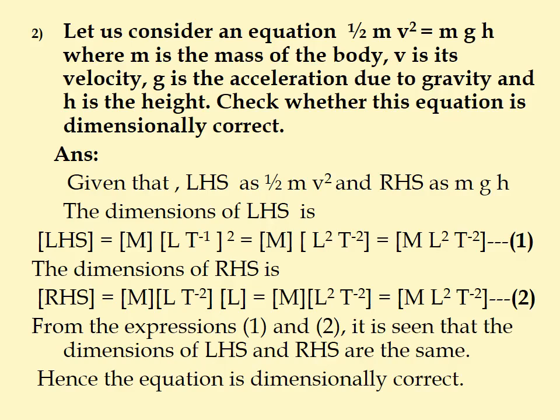Solution: given LHS as 1/2 mv² and RHS as mgh, the dimension of LHS = [M] × [LT⁻¹]² = [M] × [L²T⁻²] = [ML²T⁻²]. This is equation number 1.